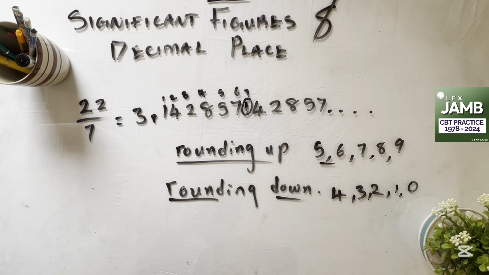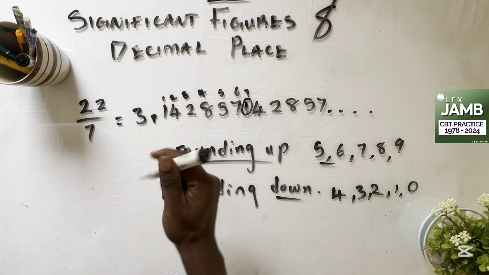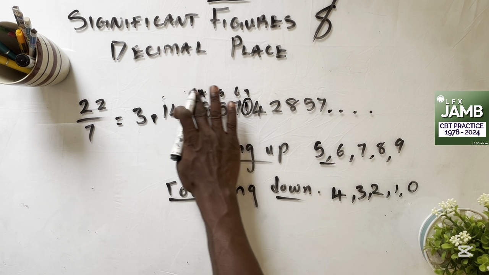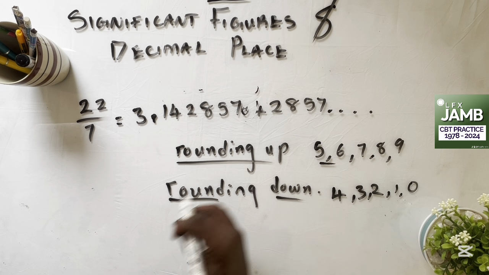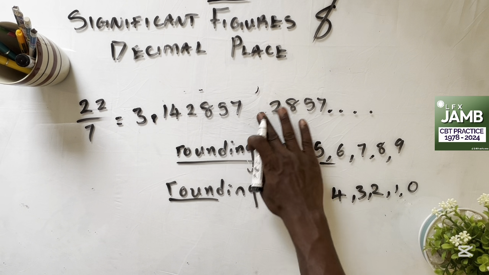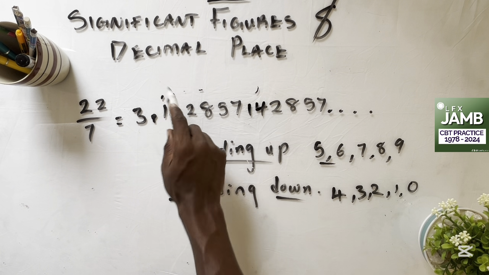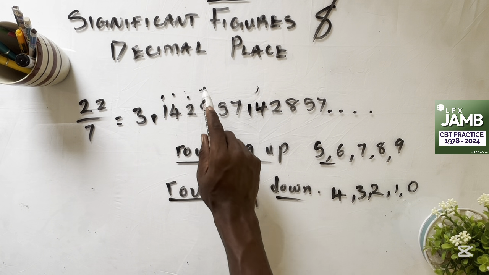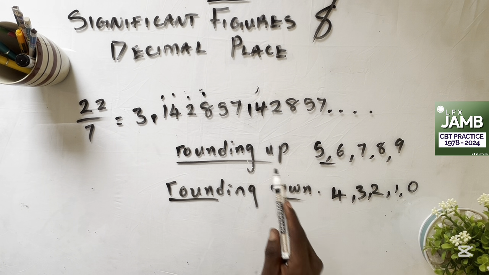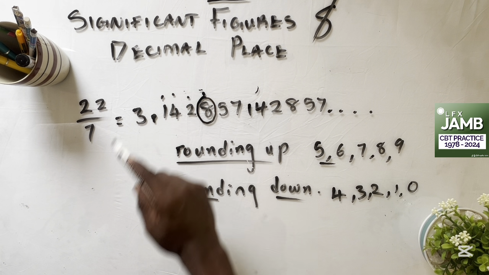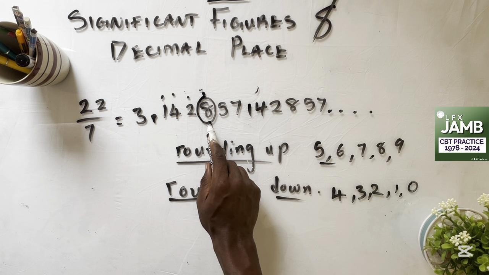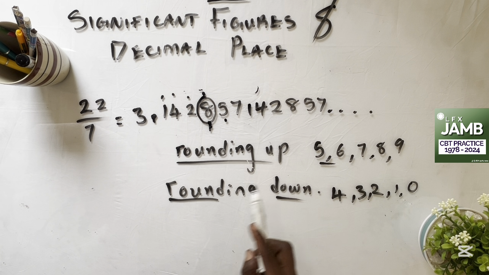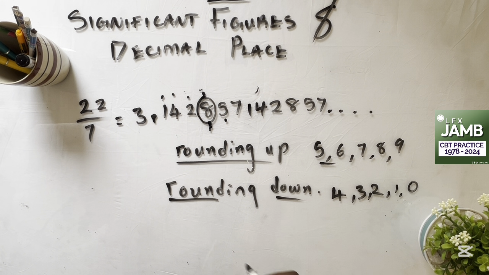Let's take practical examples. For instance, if we are given this 3.1412 and we are asked to put it in 4 decimal places. This is our first decimal place, second, third, fourth decimal place. Remember what I said? This is the number we are considering as our 4th decimal place. The number immediately after it, we check if it is from 5 to 9 or from 4 to 0.